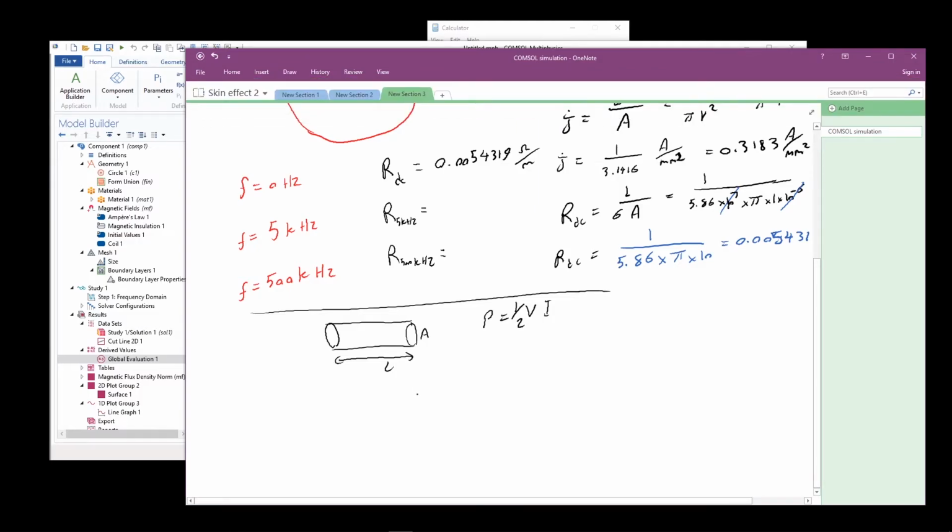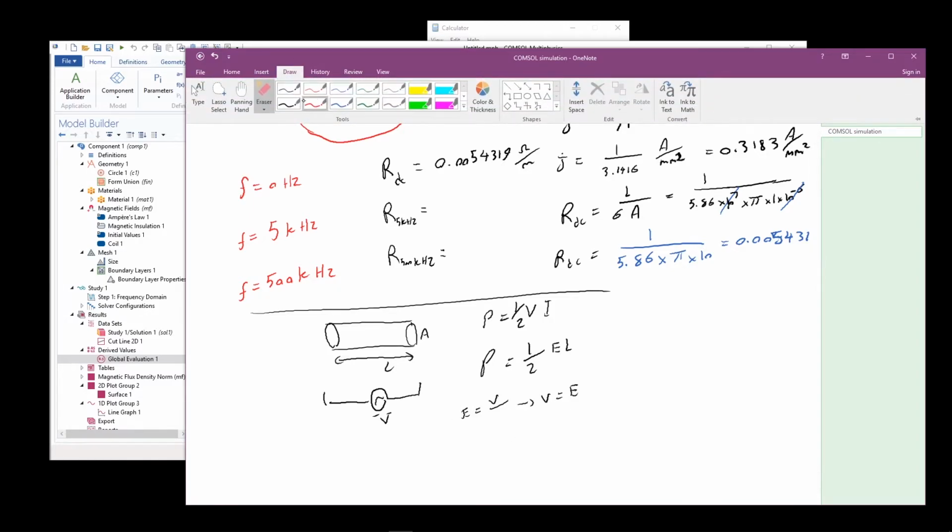So for example, I have a voltage like this here connected to this. Obviously the electric field, so we can actually simplify this. So E is equal to V divided by D. So V is equal to E times D, so E times, in this case, L. Maybe I should write here L also, not to confuse people.